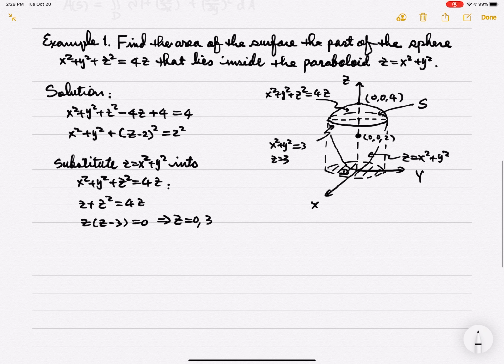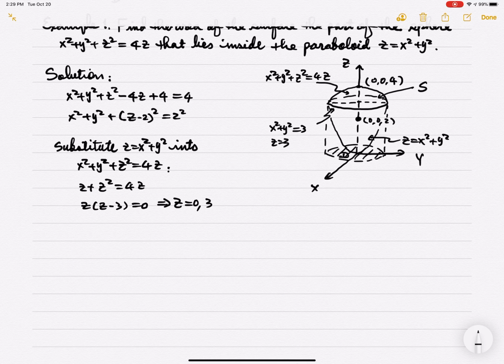So now we say the surface area S is equal to the double integral over D of the square root of 1 plus partial z partial x squared plus partial z partial y squared, dA.